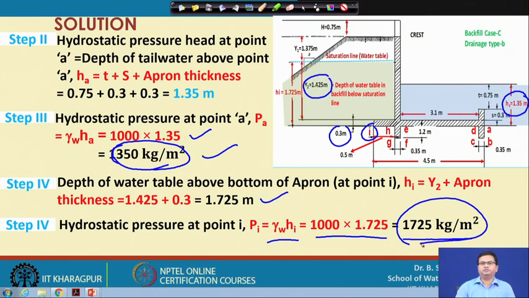Once this pressure difference is there, the pressure is mostly distributed proportionately to the weighted creep distance.